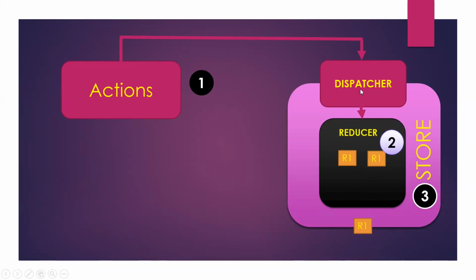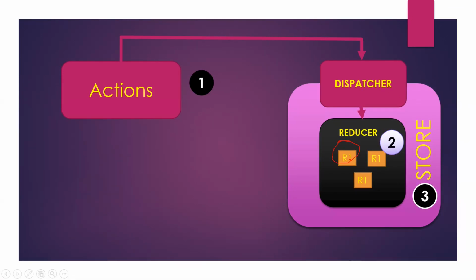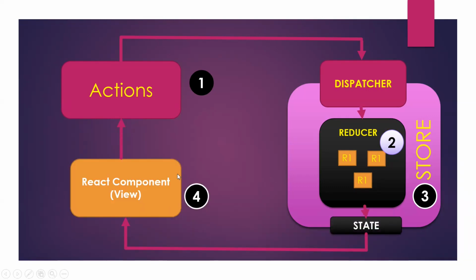And whatever data is transformed, means whatever state is changed, it is kept in this storage, that means store. And then whatever newly generated store is kept here can be sent to the view component, which is step number 4. So in a real-life example in code, you will see action, then dispatch, then reducer, then store.